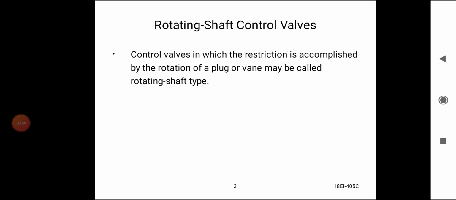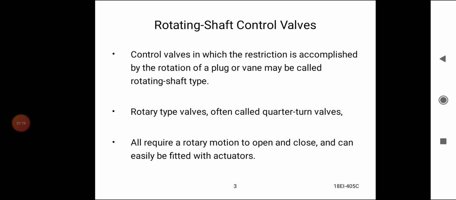So control valves in which restriction is accomplished by rotation of a plug or vane may be called rotating shaft type. Rotary type valves are often called quarter turn valves.